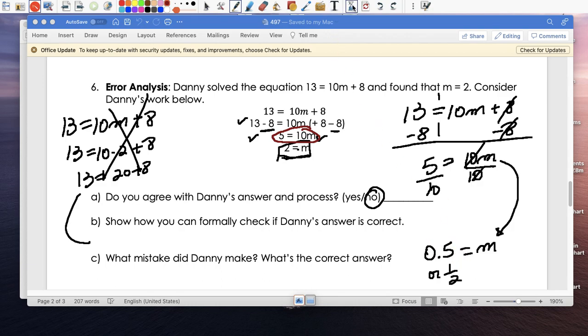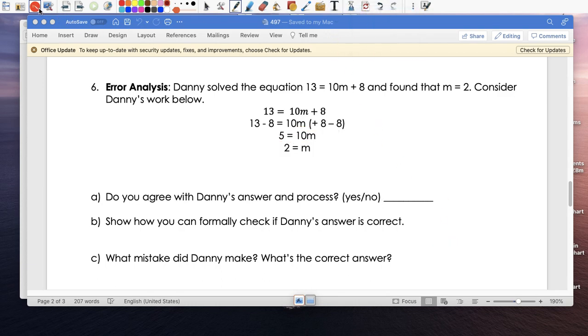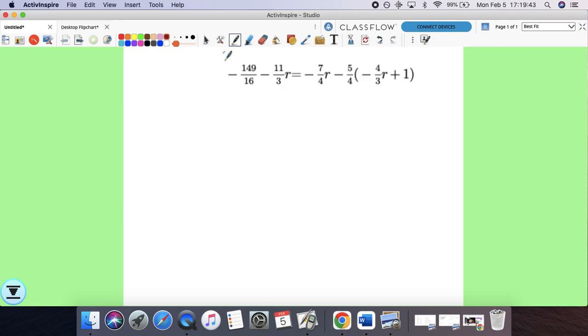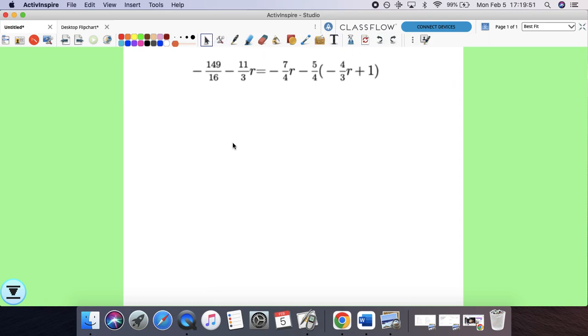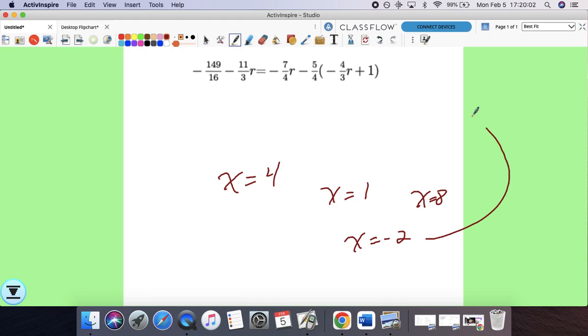So that was your first part, which most of you probably finished in class. We had this, which hopefully you're looking forward to. A lot of these problems. Now, I'm not a particular fan of you doing multi-step equations where you always get the answer as x equals 4, x equals 1, x equals 8, or x equals negative 2, and then you come here and plug it in.